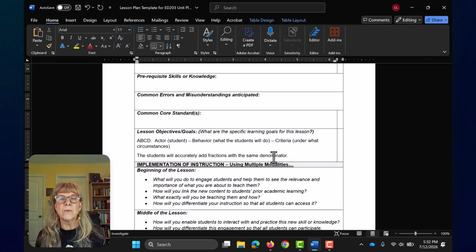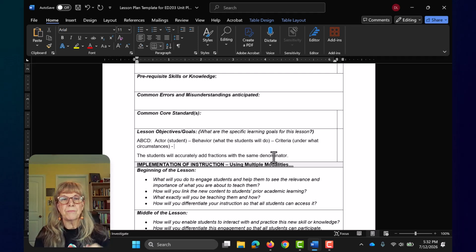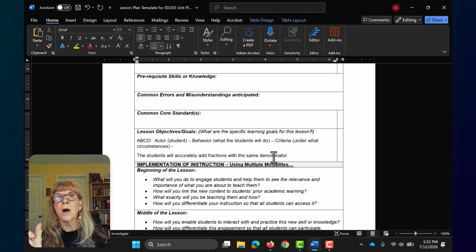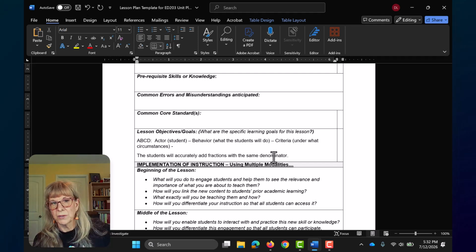So if it's a reading one, it might be that you have them read fluently or read so many words in a minute of a third grade text. So the third grade text is the criteria, right? It's specifying the difficulty level.